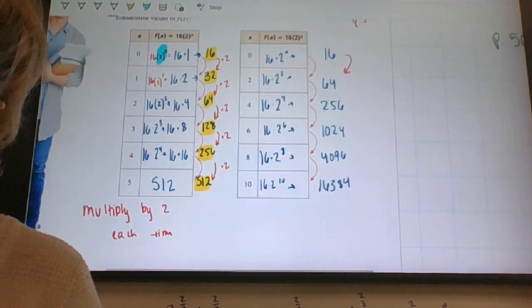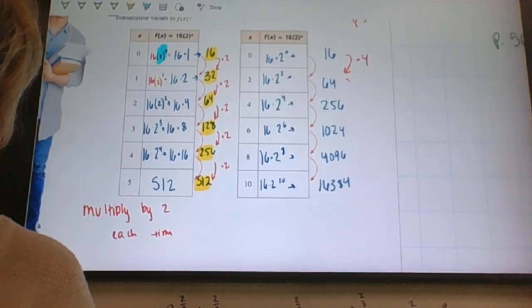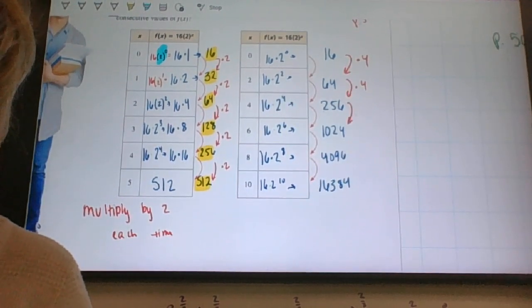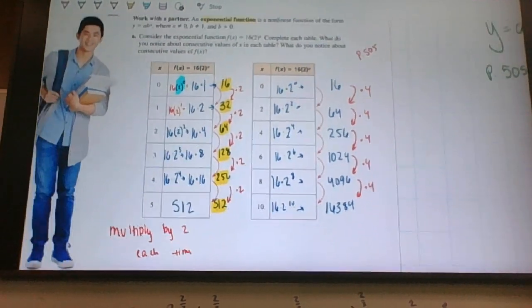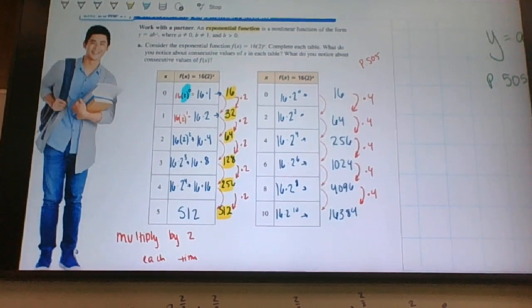So that's times 4, and that's times 4, and that's times 4, and that's times 4. So if you're skipping and you're going every other, it's multiplying by 4.